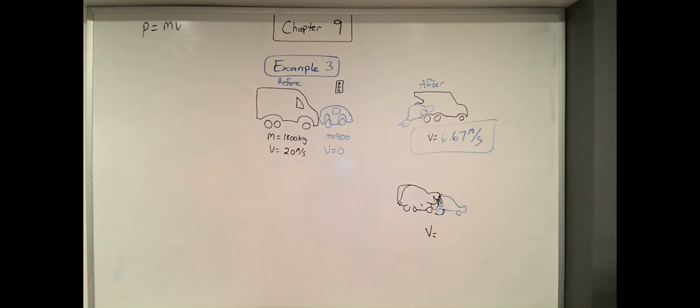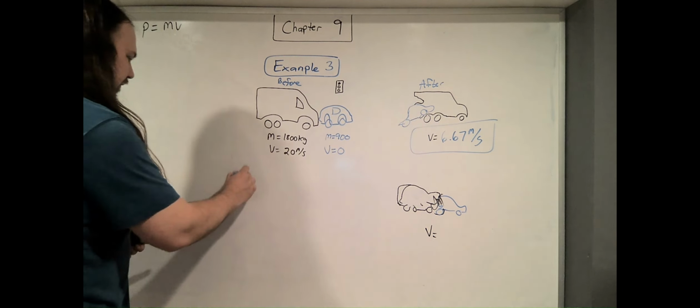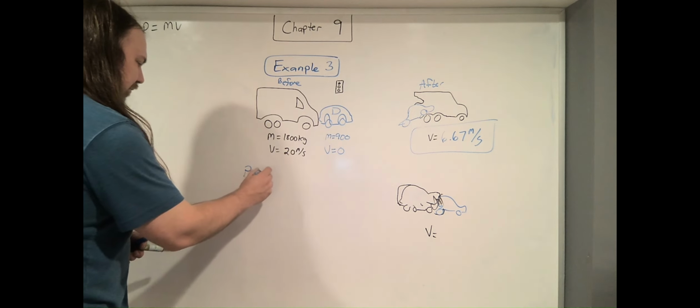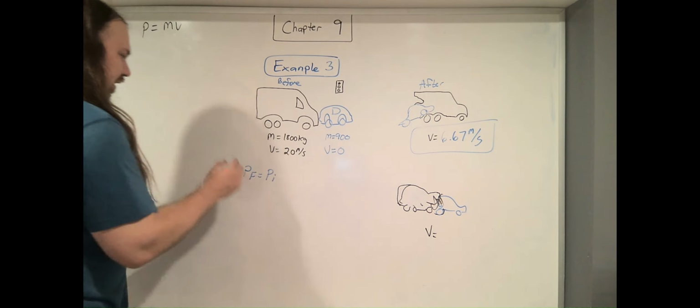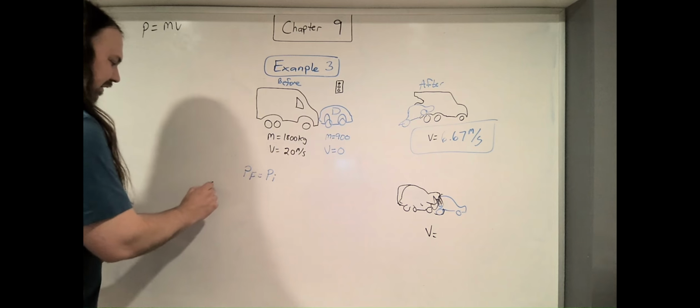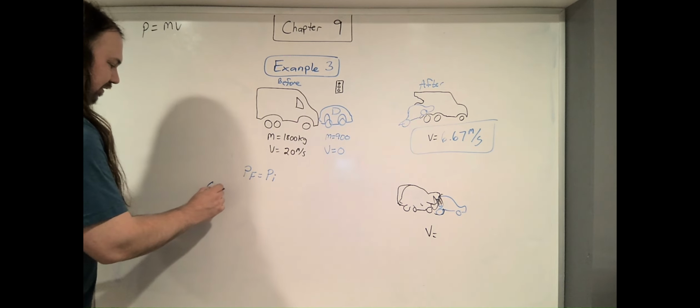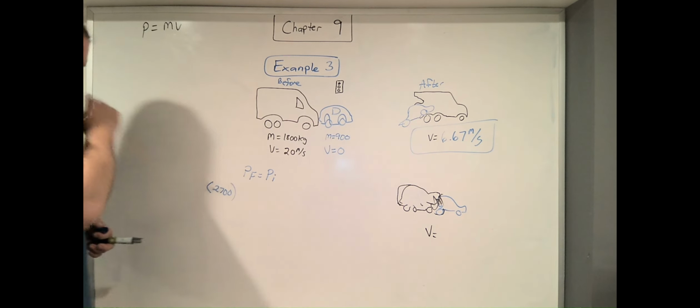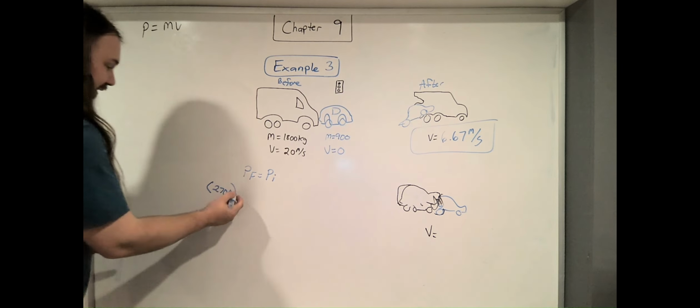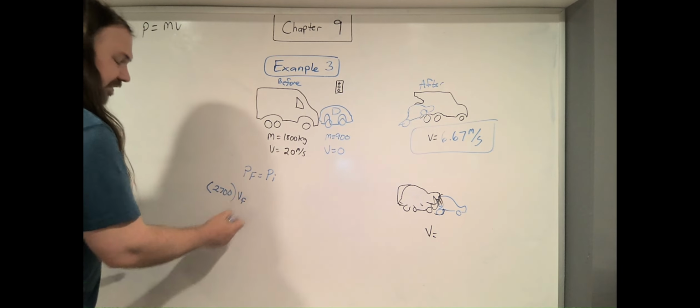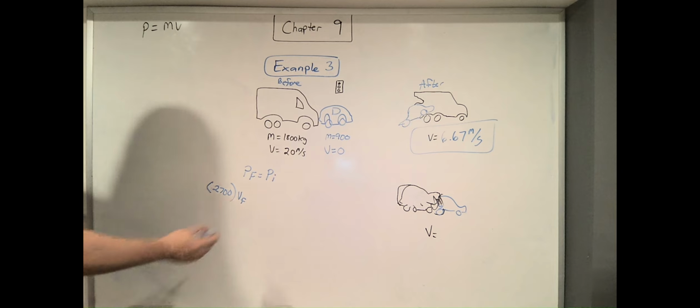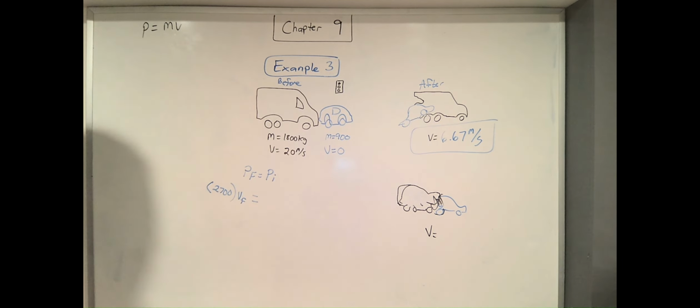Okay, I'd set it up the same way, right? Exact same way. If you were given this problem, you do Pi is equal to Pf. We look at the final. What is that? It's still 2,700. So it's looking like it's going to be the same answer. 2,700 is the mass. Velocity is the thing that we want to know. We set that equal to the initial.